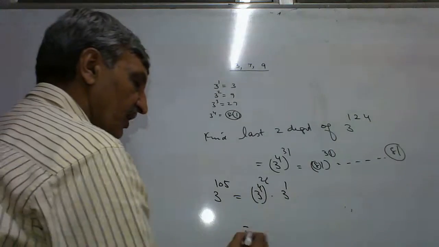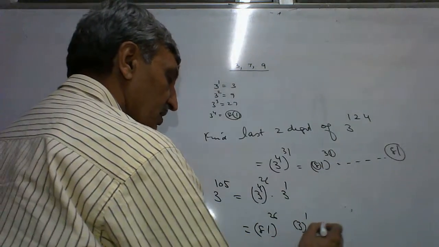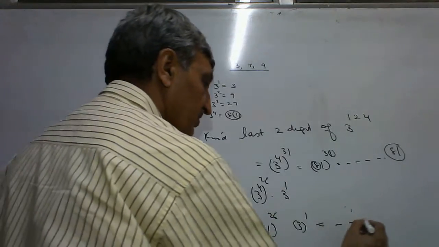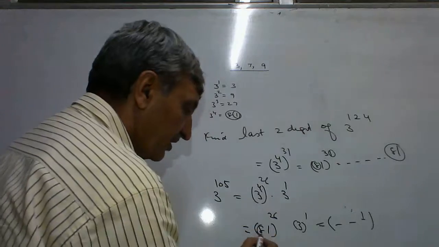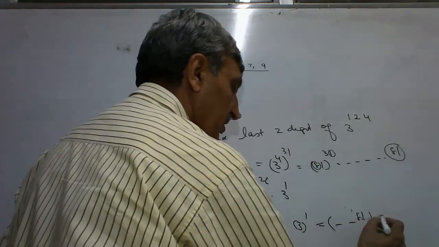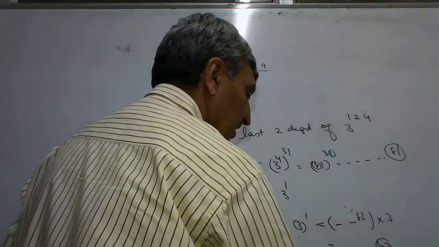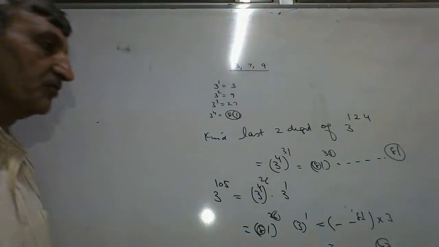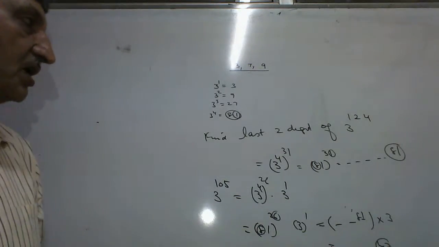Now this is equal to 81 raised to the power 26, times 3 raised to the power 1. The last two digits are 1, and 8 multiplied by 6, 81 multiplied by 3, the answer is 43. So 43 is the last two digits in case of 3 raised to the power 105. We applied the rule which we learned in the first case.